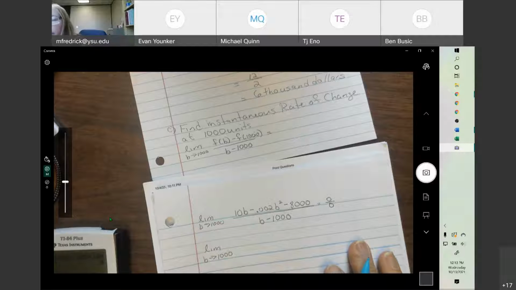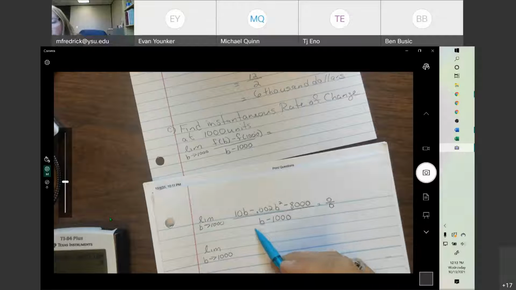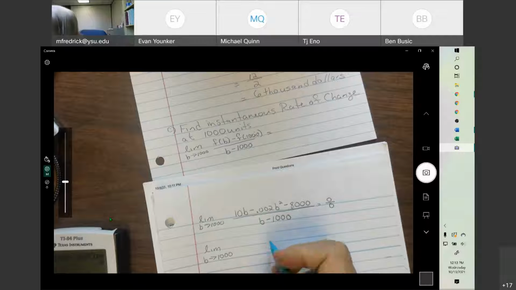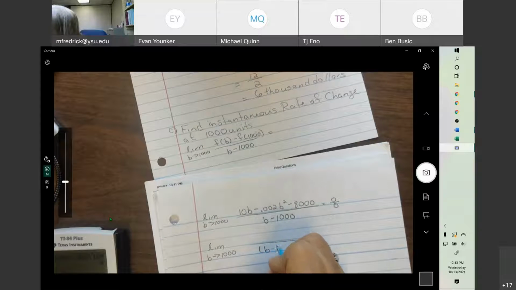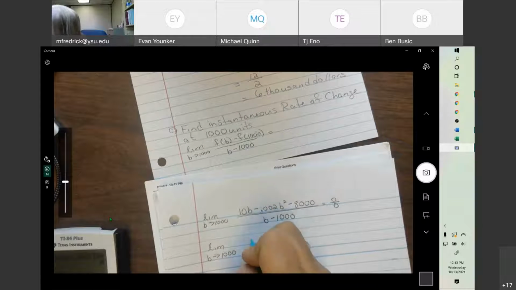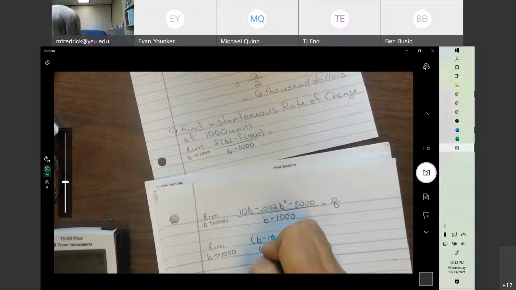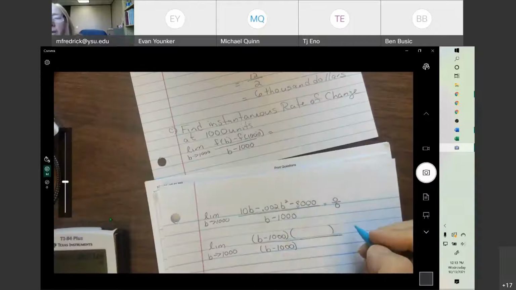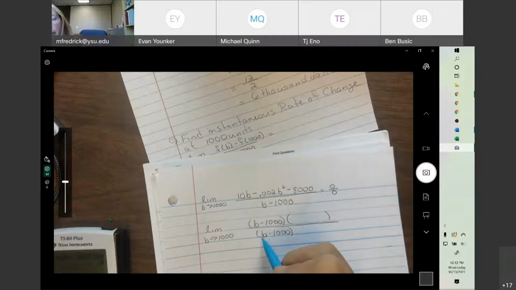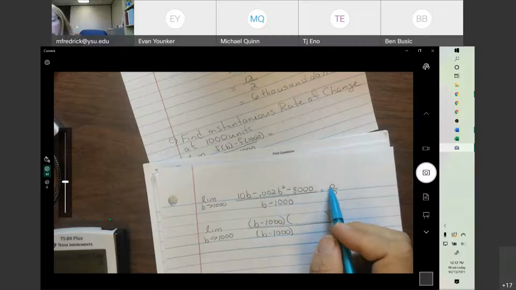Everyone getting 0 over 0? That means that this factor is also on the top. So we have to reduce it. Now, you could use your rules of factoring and trial and error, but we know that this factor has to be here. That's how you're getting 0 over 0.